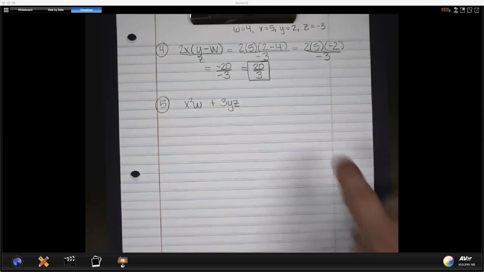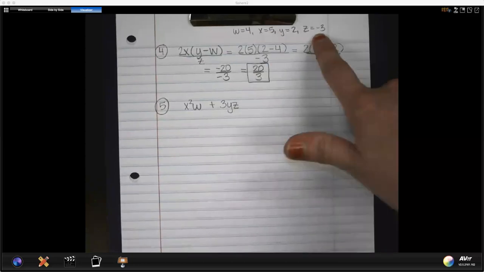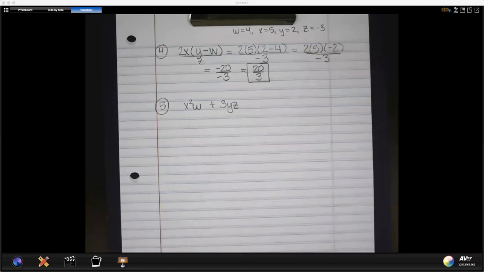I wrote the numbers at the top if you need a reminder of what the numbers should be. Again, your first step should always be to substitute in the value for the variable. That's the first step I expect to see in your work.